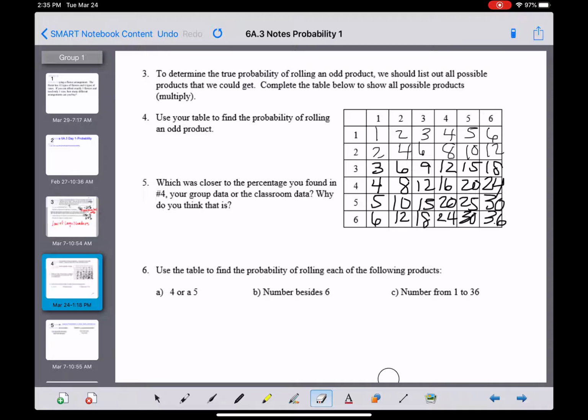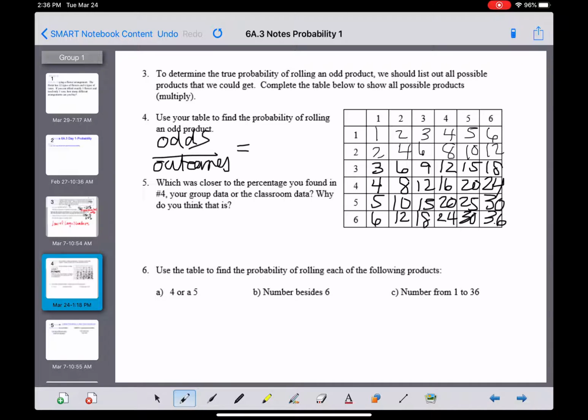All right. So that's the table for finding the products. Now we want to find the probability of rolling an odd product. This is all the possible products we can have. So we want to count up how many odds there are, how many odds over how many total outcomes.